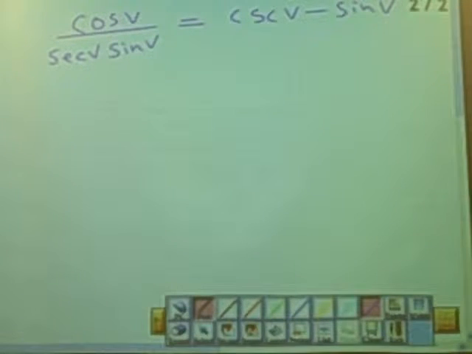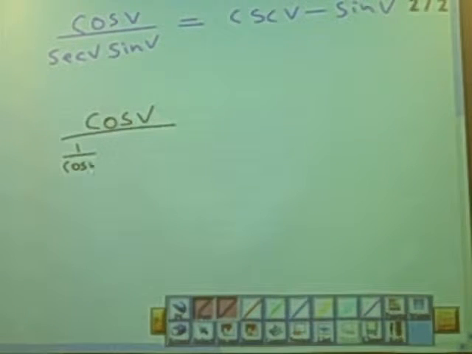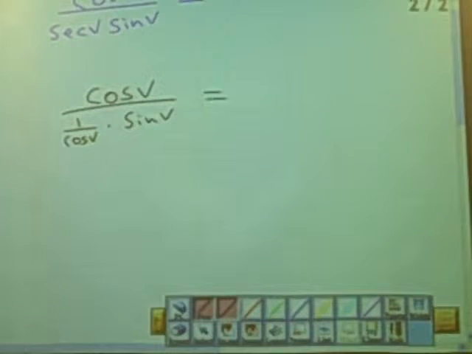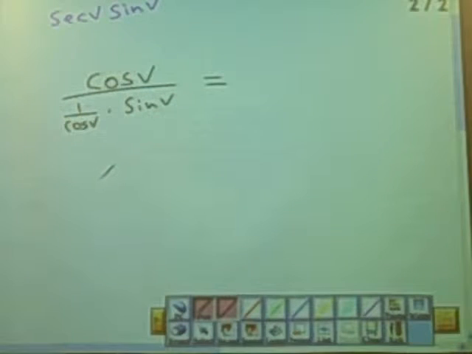Well, if we take the left side and we say cosine v over, and we change secant to its reciprocal identity 1 over cosine v, and then times sine v, we get cosine v over sine v over cosine v.